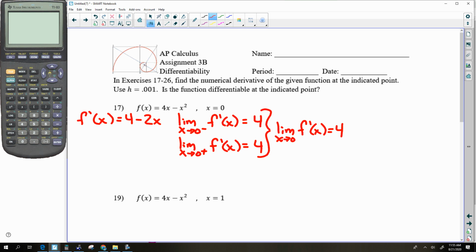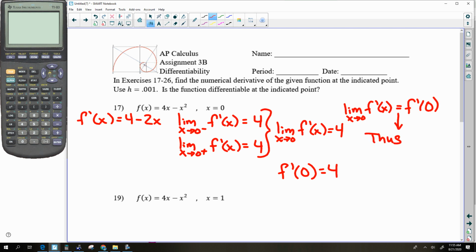So limit left and limit right are equal to the limit. The next part is, what is the actual derivative at 0? That's 4. I notice that the limit as x goes to 0 of f prime of x is equal to f prime of 0. Thus, differentiable at x is equal to 0.